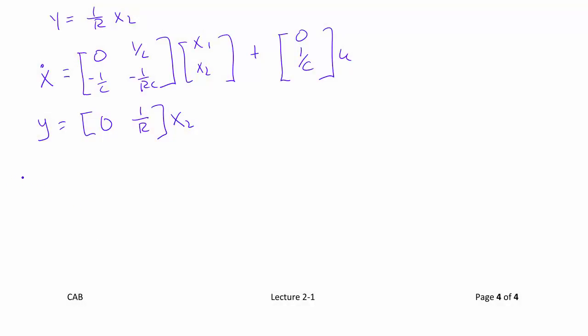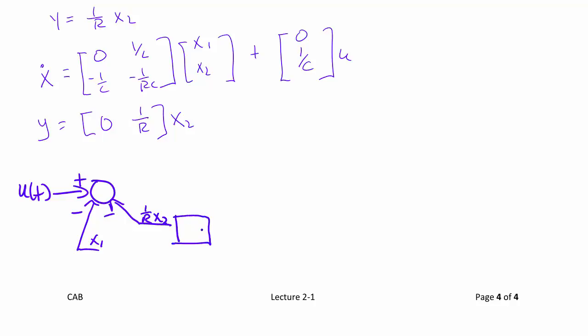Finally, let's draw the block diagram. The input is u of t, and that goes into a summer that has 2 negative feedback lines. One of them is x1, and the other one is 1 over R x2. So we have a 1 over R here and x2 here.